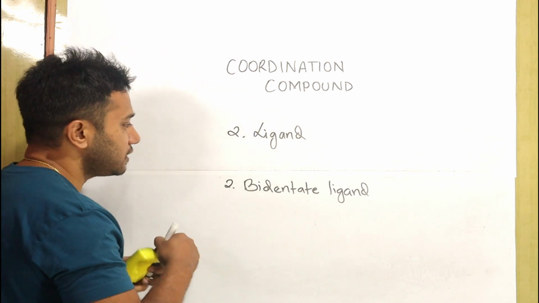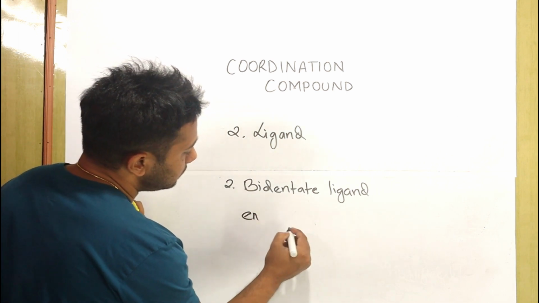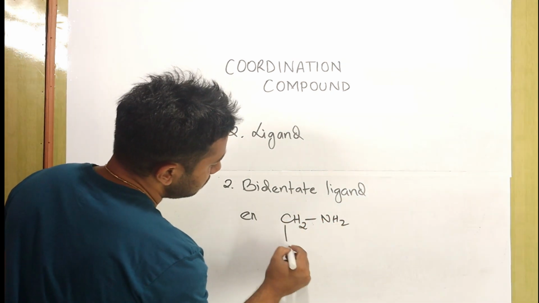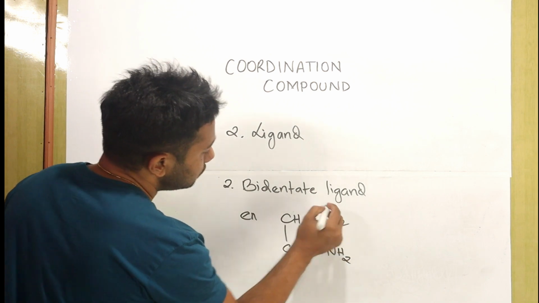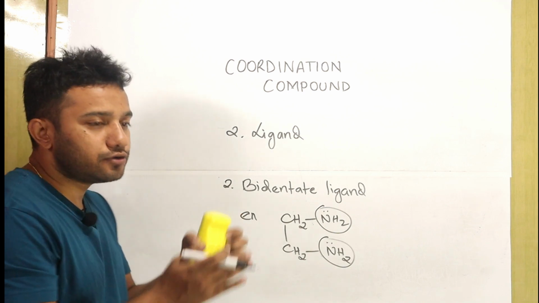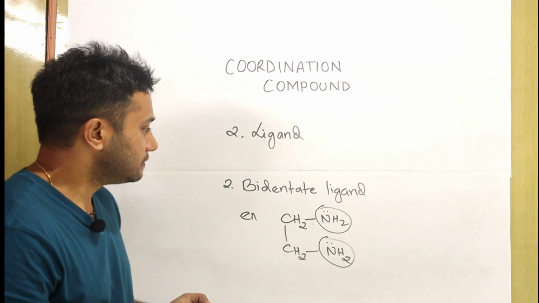One example I can give you for bidentate is en out here. En is CH2NH2, CH2NH2. Out here they have two donor atoms, one donor atom, another donor atom. So both these donor atoms will make a coordination bond with the metal ion.